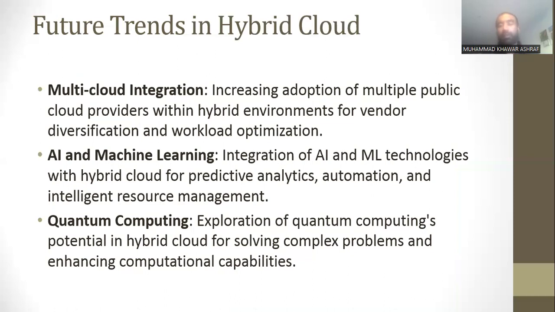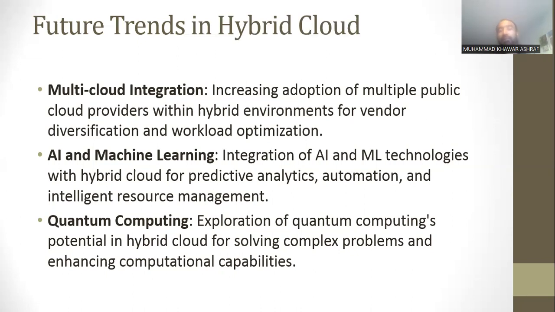First is multi-cloud integration, which is the increasing adoption of multiple public cloud providers with hybrid environments for vendor diversification and workload optimization. That is basically combining different types of providers, public and private, and using them for our best purposes.